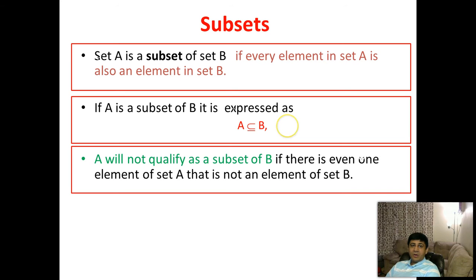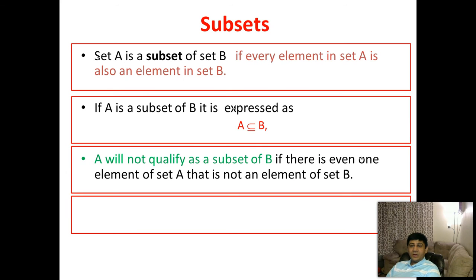Now keep in mind that to qualify as a subset, all elements of A must be in B. If all elements of set A are not in B, even if they differ by one element, then set A is not a subset of B, and there is a different symbol for that.